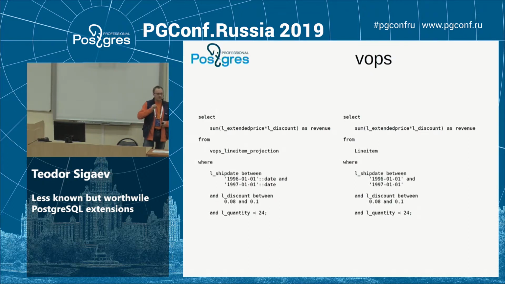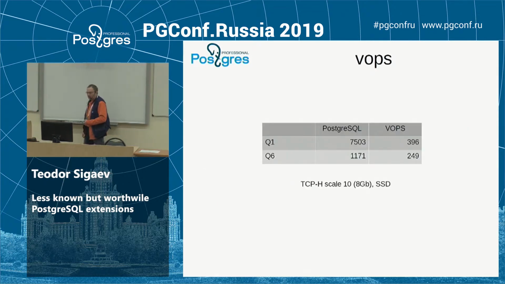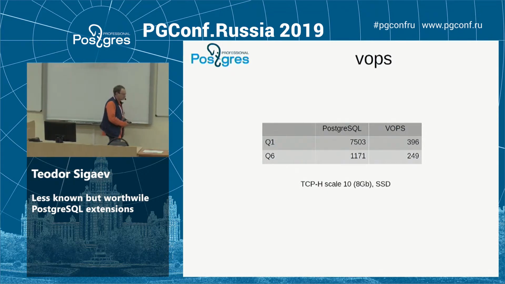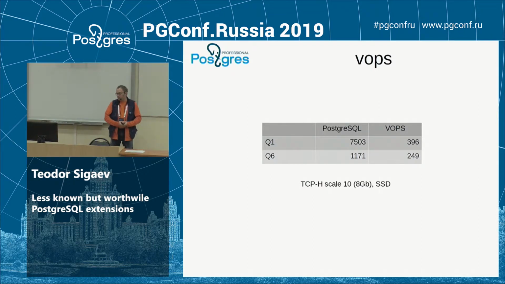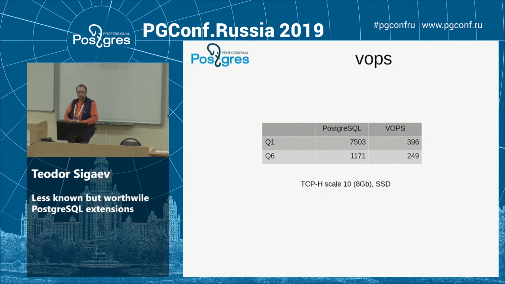All the rest we programmed in linear digits. And this is the difference on the test with TPC. For the queries Q1 and Q6, it's 20 times faster, 50 times faster. This is the time economy.